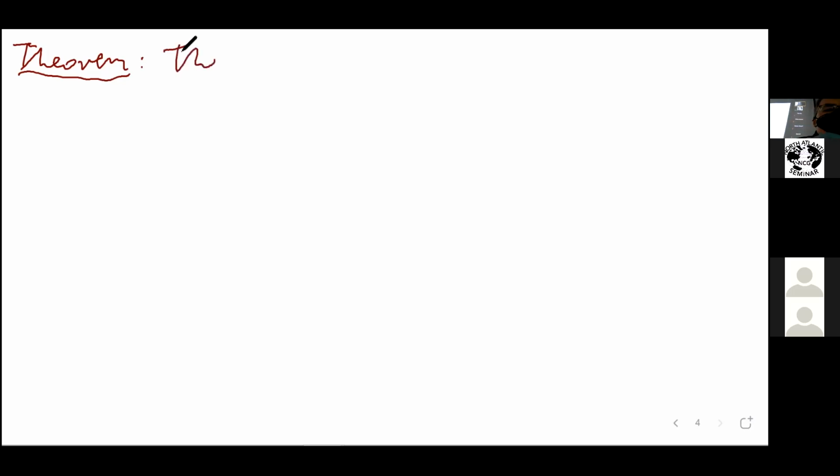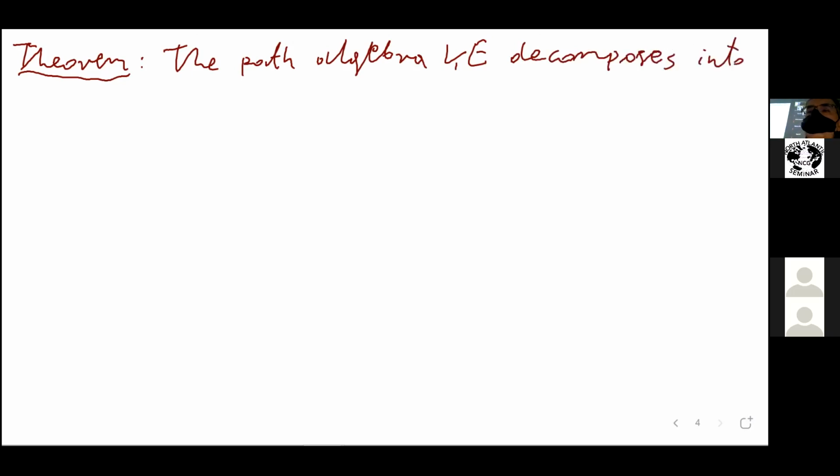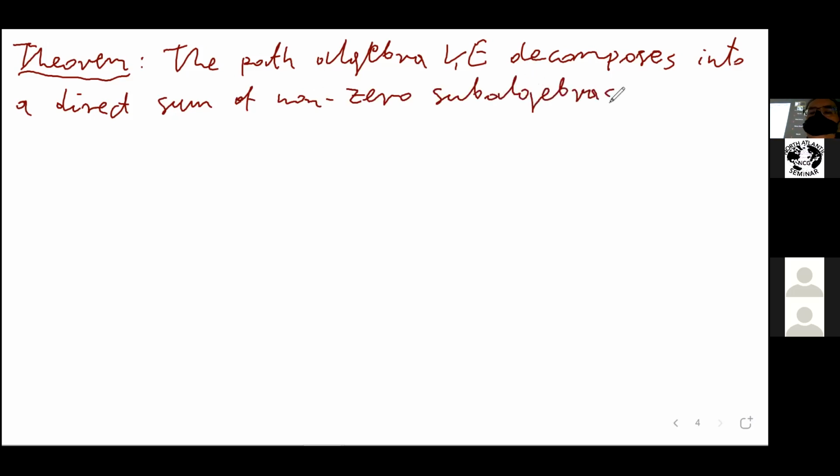So the path algebra KE decomposes into a direct sum of non-zero subalgebras A1 and A2, which means I can write it as a direct sum, and A1 times A2 is 0. So this is decomposition as algebras.